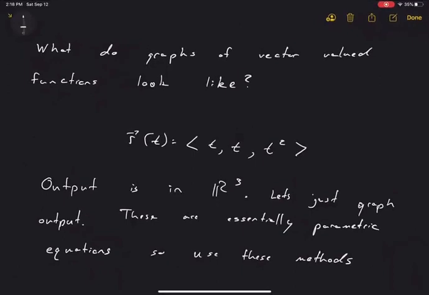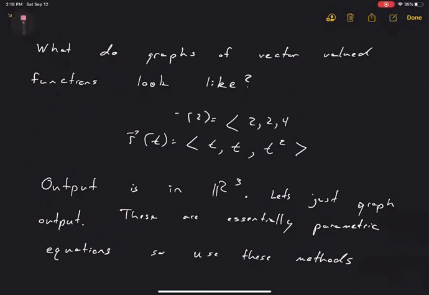So I plug in t to each of these components, and I get an output in R3. So maybe for R of 2, what vector is that going to give me? It's going to give me 2, 2, 4. So my output is this vector.